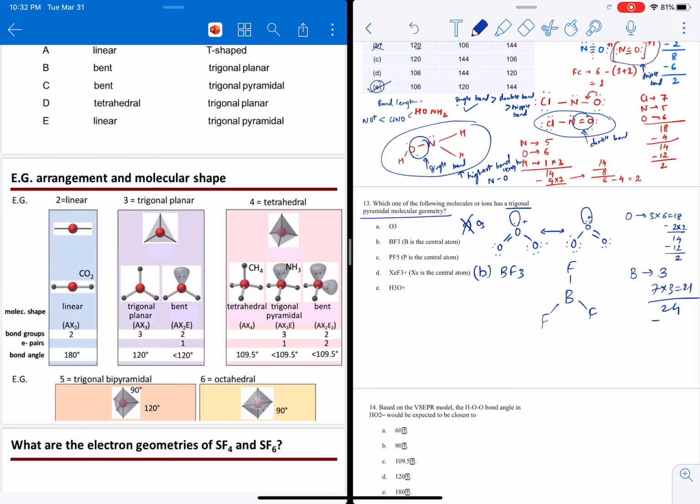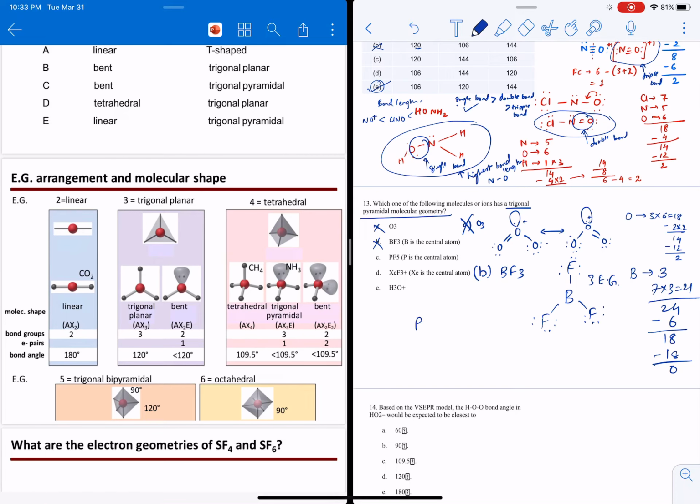You have 3 bonds formed, so it's 6, 18 remaining, 6 on each one of the fluorines, and done. So it again has 3 electron groups. So BF3 is also not the answer.